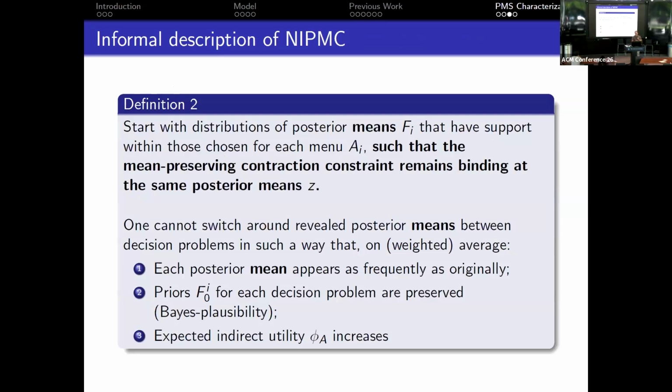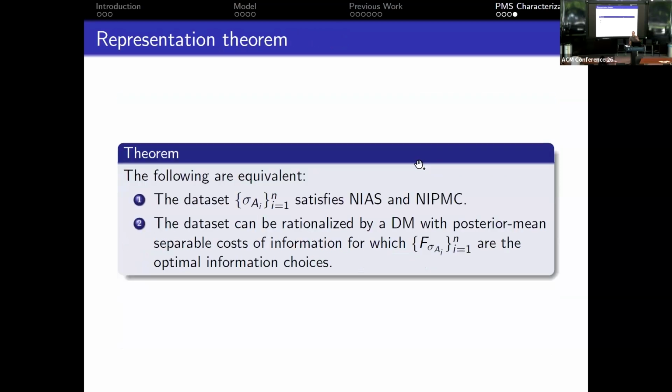As in, we have to check perturbations where that constraint is still binding at the same points. This ensures that the convex function that we have from the previous slide remains the same for the different prior. As a result, if we have this change of the axiom, an equivalent theorem goes through: the two axioms are equivalent to being rationalized by a posterior mean separable cost.